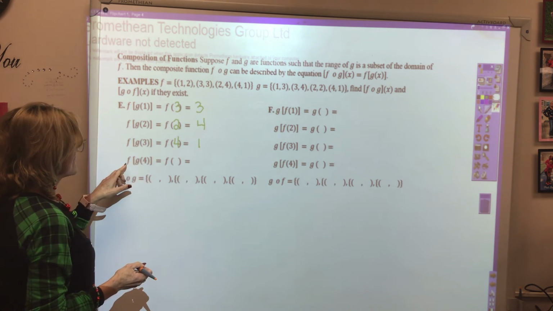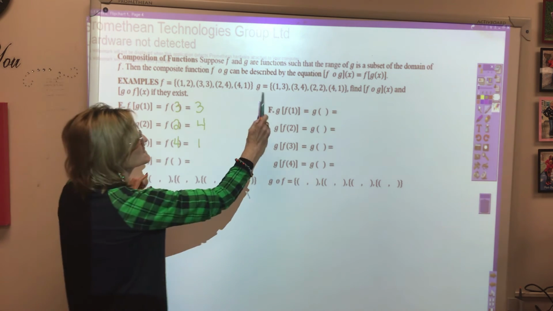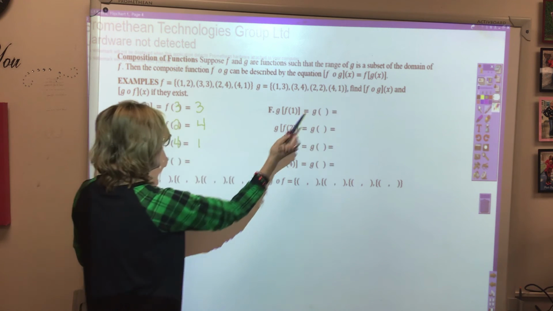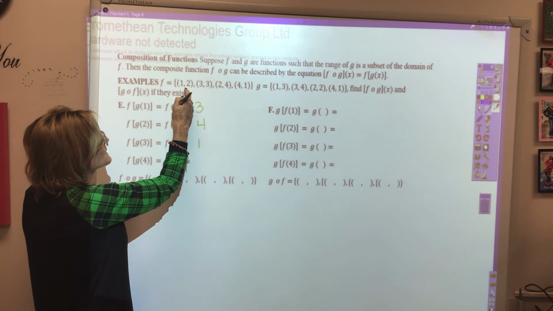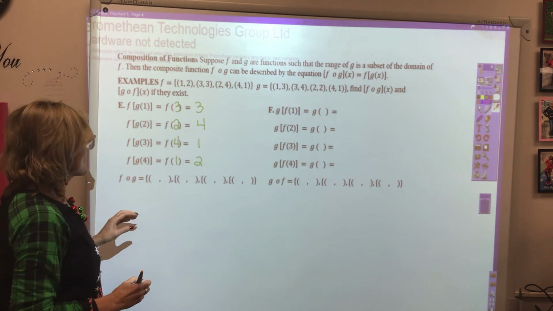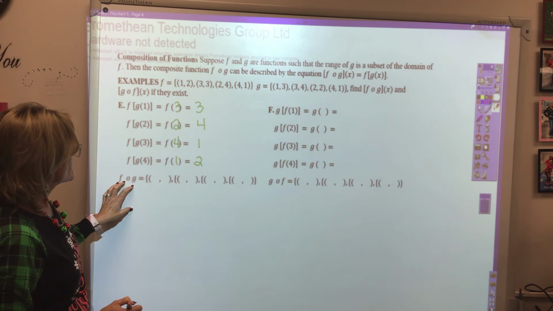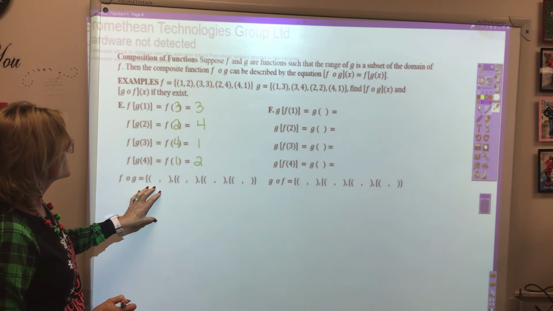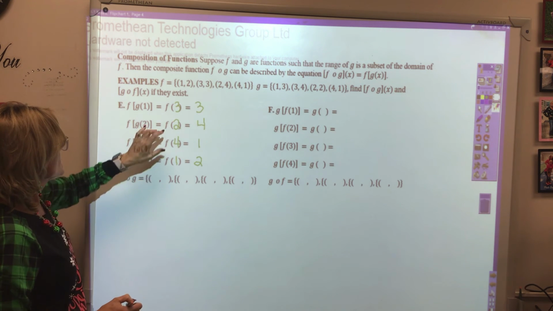Then we take f of g of 4. We can see that g of 4 is 1. So we take f of 1 and we see that it is 2. So the way our inputs and outputs now look would be in the following ordered pairs.